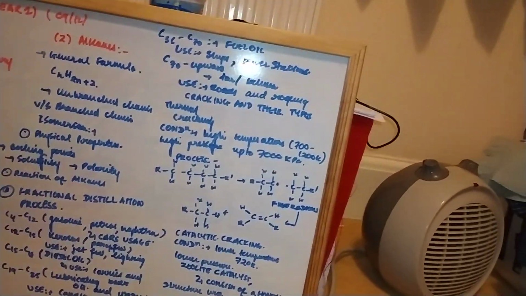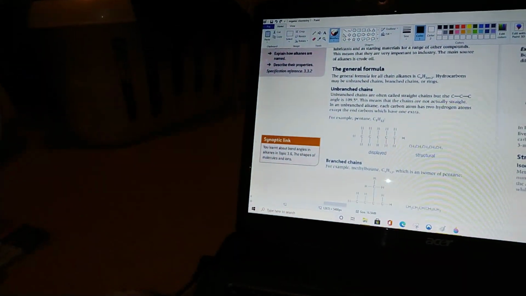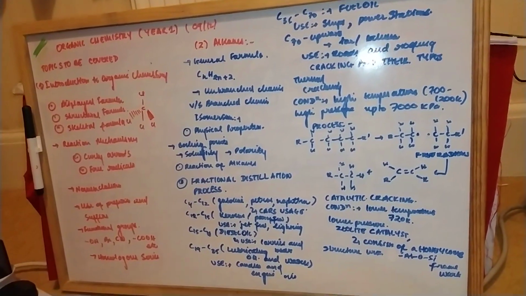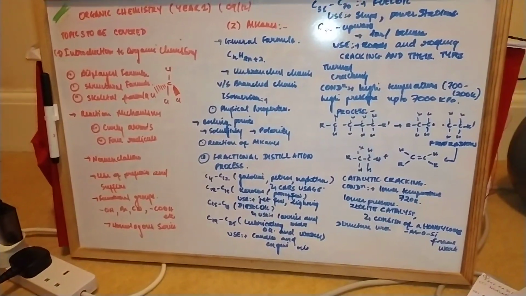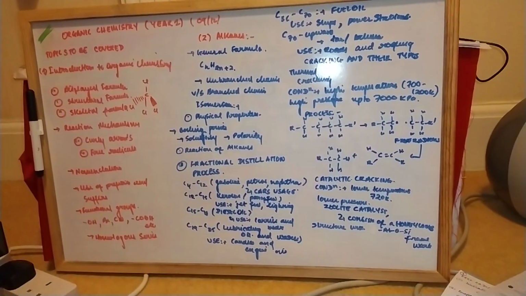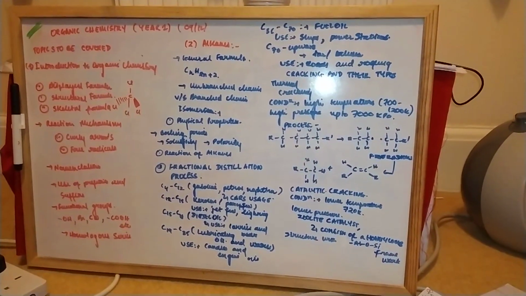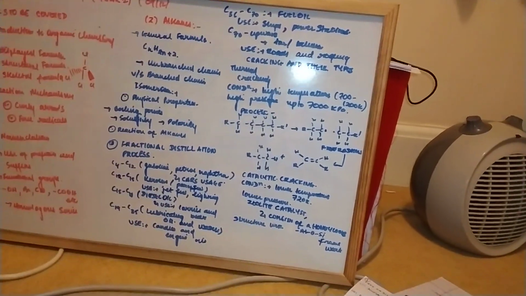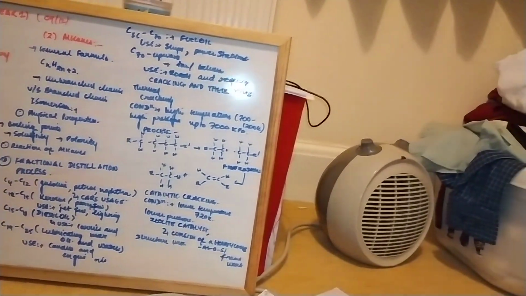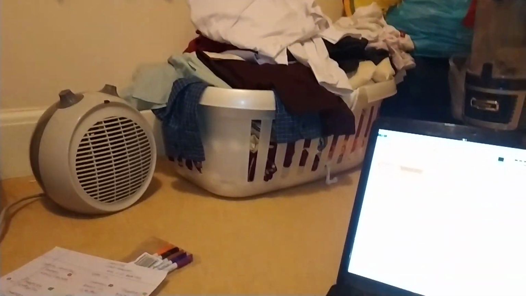For example, pentane. Now, seeing the branched chain, the branched chain example, as you can see, is methylbutane.